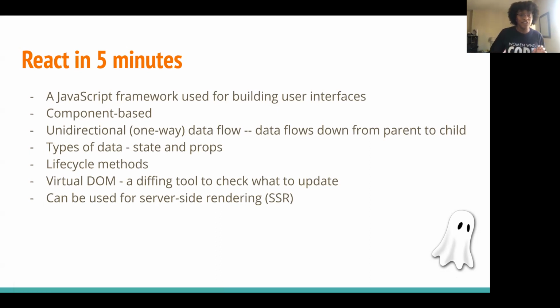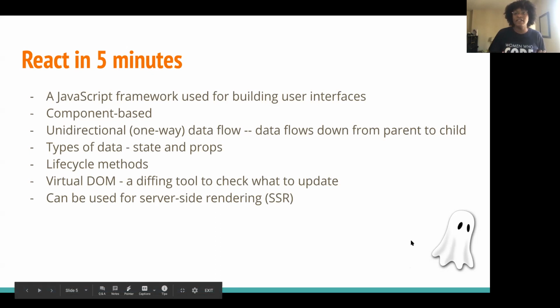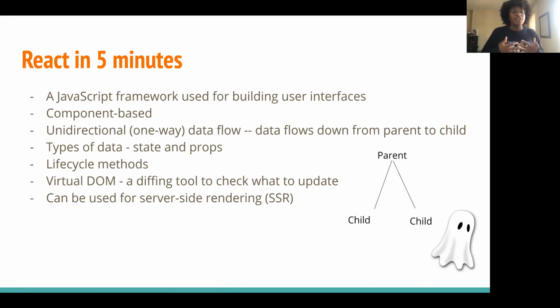With React, it's unidirectional data flow, so data flows down from the parent to the child. There are different types of data. State is private data within the component that you want to keep track of. Props are what can be passed down from parent to child.